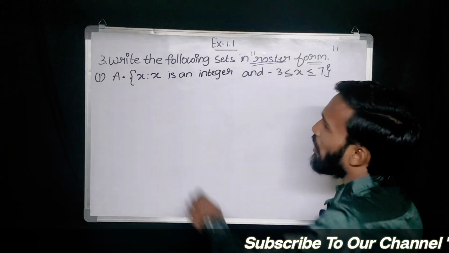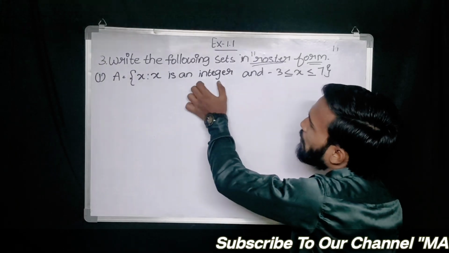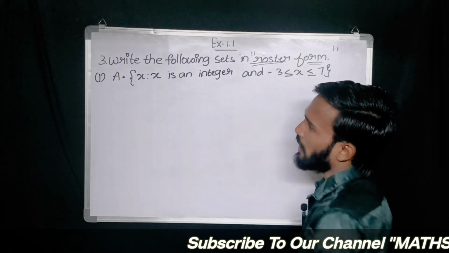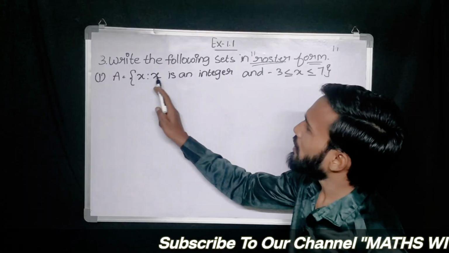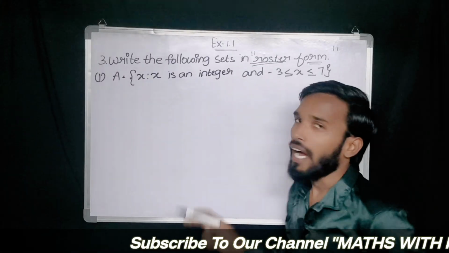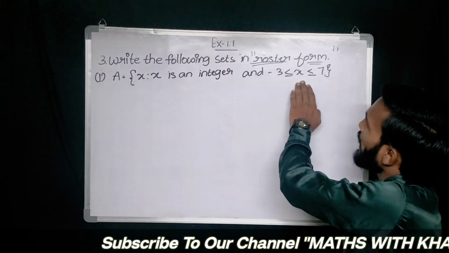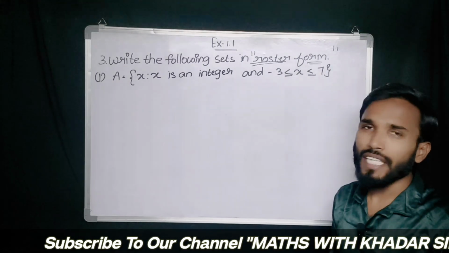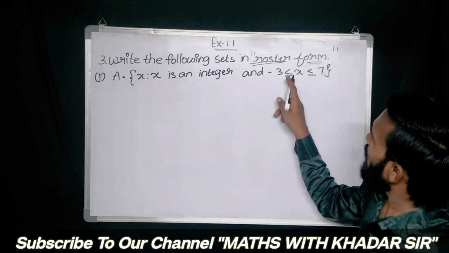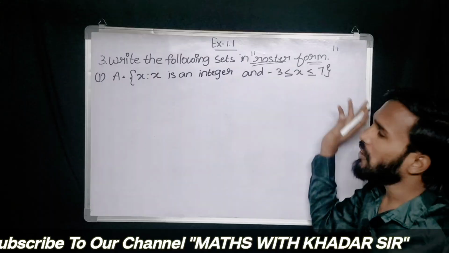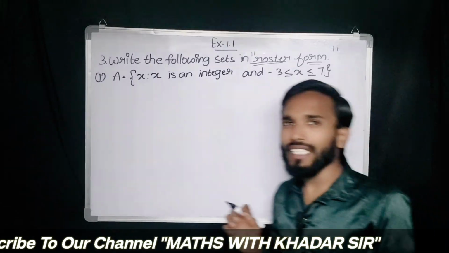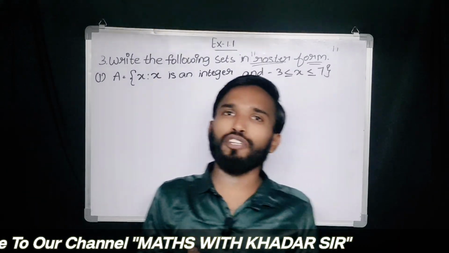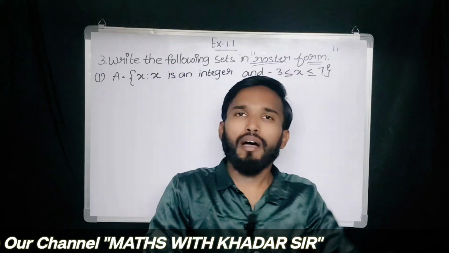Here they represent the elements of the set with x: x is an integer such that -3 is less than or equal to x, and x is less than 7.